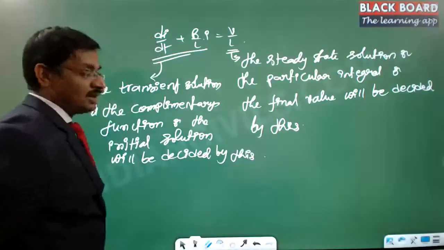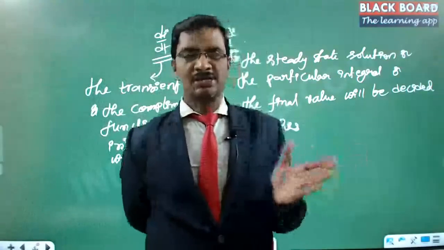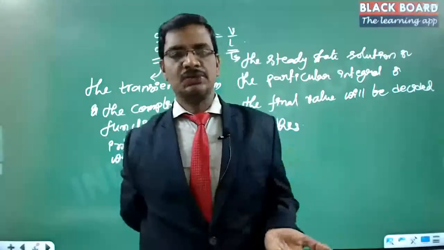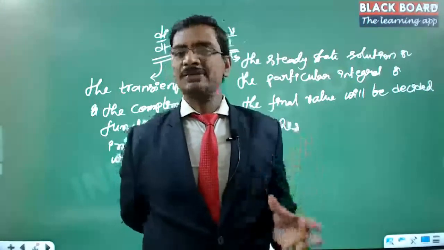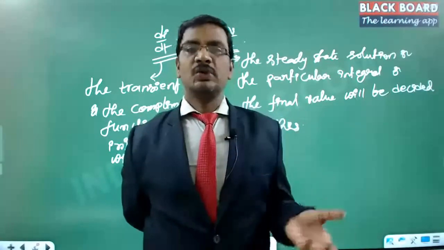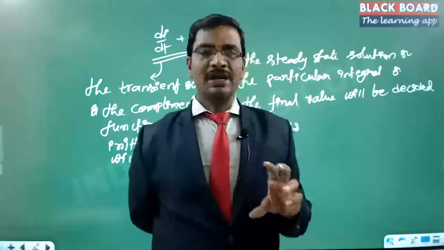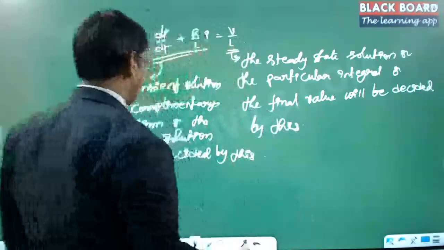Right? Because of that reason, we calculate the transient solution separately and the steady state solution separately. But in the case of a first order, first degree linear differential equation, we have an advantage to get the complete solution together. With the help of the Leibniz equation, we can get both solutions together. That is the only advantage.